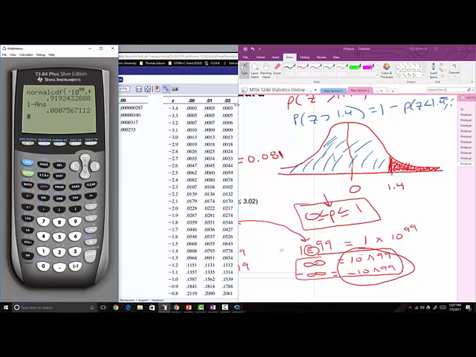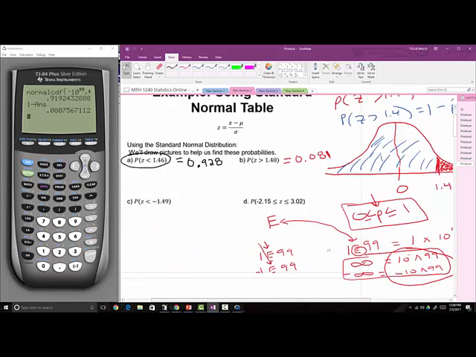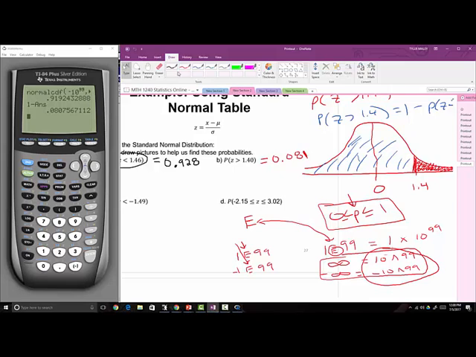Alright, so let me go split screen here again. Let me do some erasing.